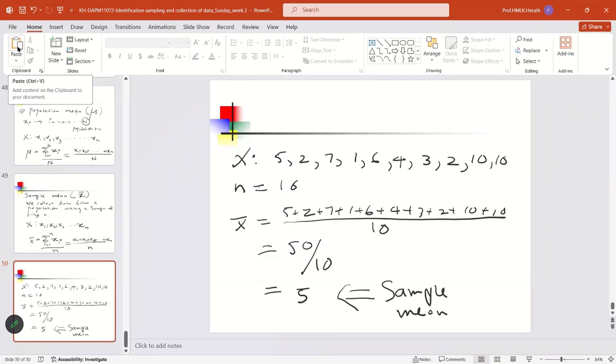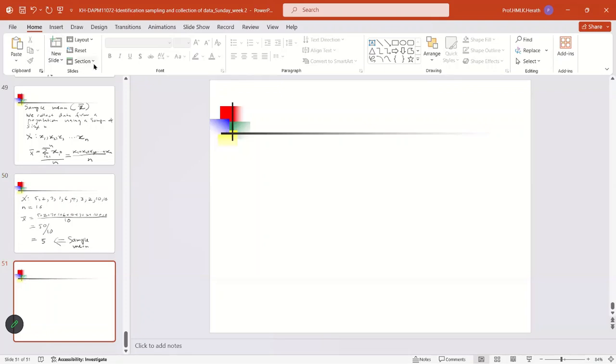The next measure of central tendency is the median.